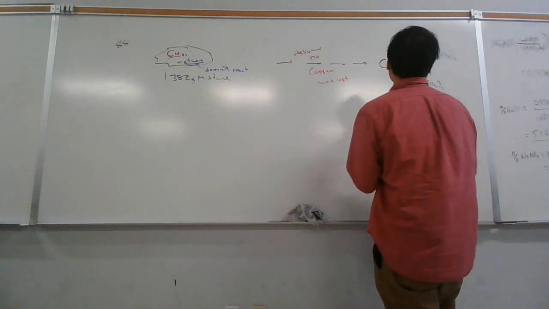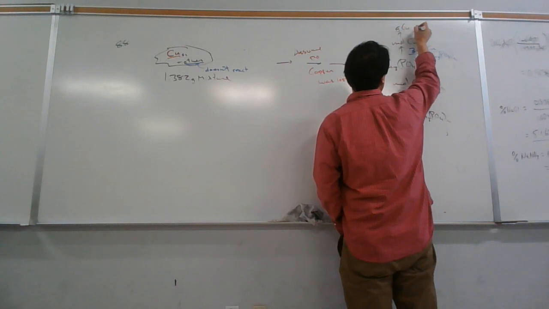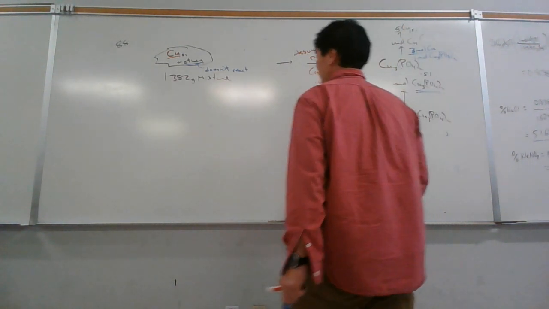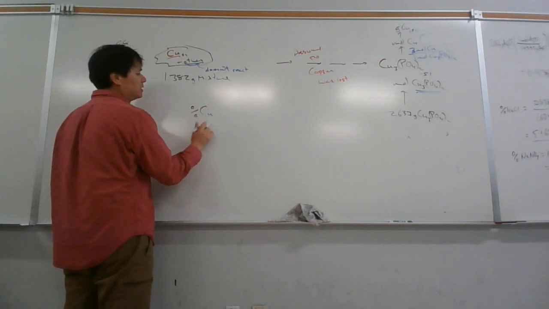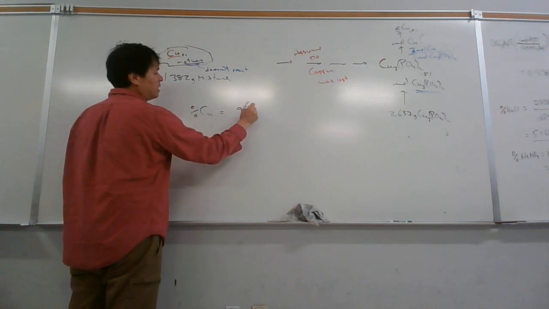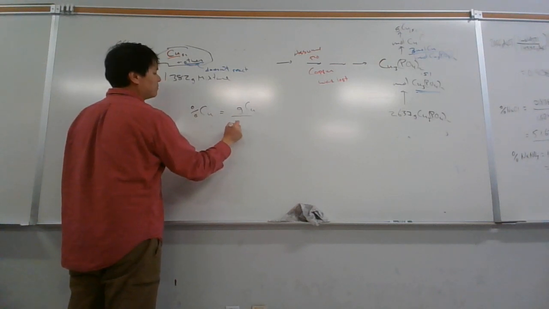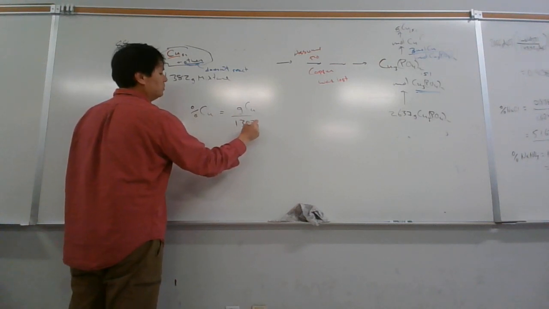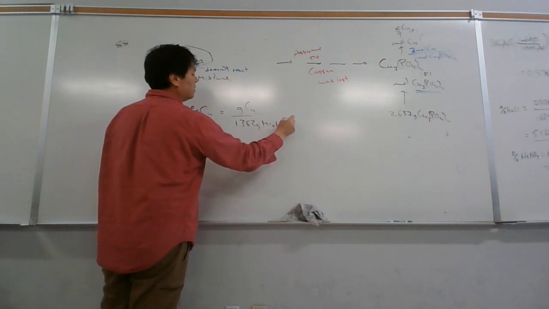Once we get that, then we can get the grams of pure copper solid. And if we have the grams of pure copper, then the percent copper in the mixture is equal to the grams of pure copper that we had over the grams of mixture, 1.382 grams mix, times 100%.